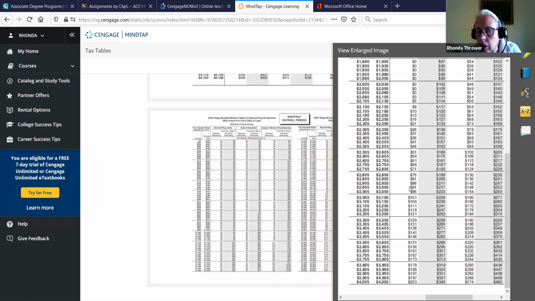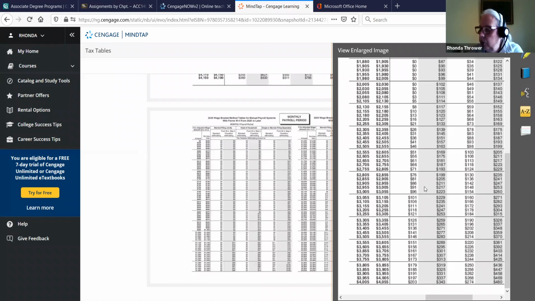So it's going to be $91, it looks like to me. Okay. So 3,000, you look up 3,000, and that's from 2955 to 3005. This is $91 as the married filing jointly amount for that $3,000.